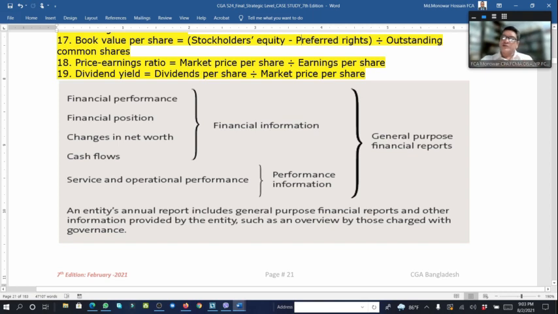If we go to Google and search for the annual financial statement, there are a lot of annual reports of banks, insurance companies, etc. All are publicly available. You can download them, you can read them. Basically, if we go to IAS 1 paragraph 10, it clearly mentions there are 5 components of a financial statement. Four are statements, but another one is the notes to the accounts.